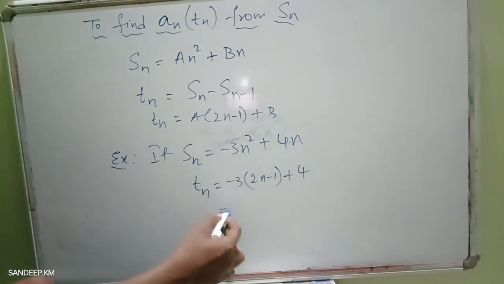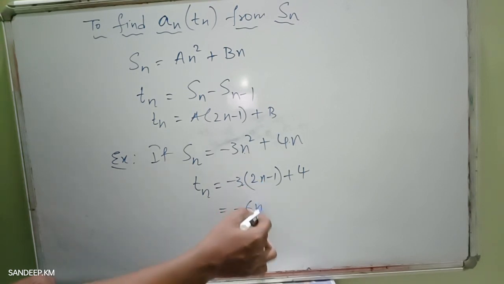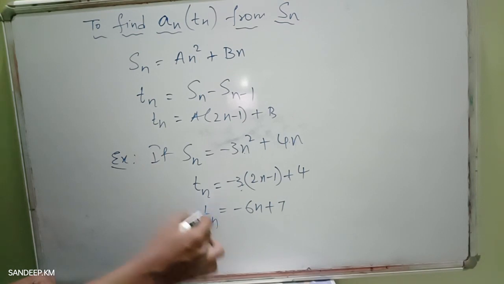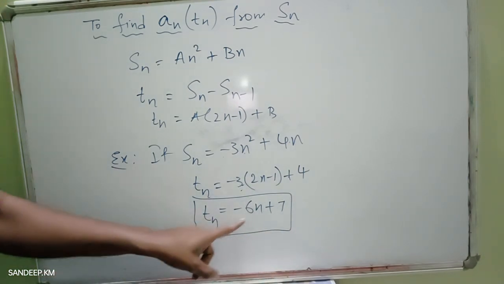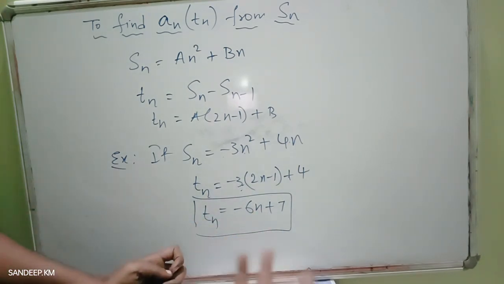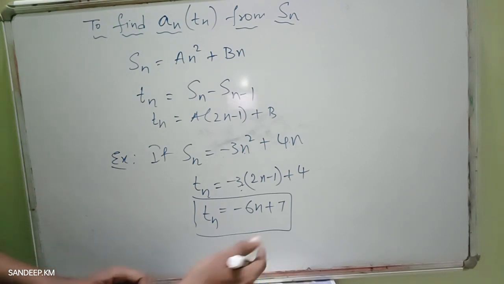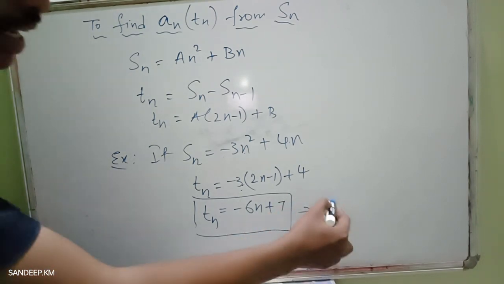Now if you expand it, we get minus 6n plus 3 plus 4, which is plus 7. So for an AP, if the sum of n terms is minus 3n square plus 4n, then its nth term is minus 6n plus 7.